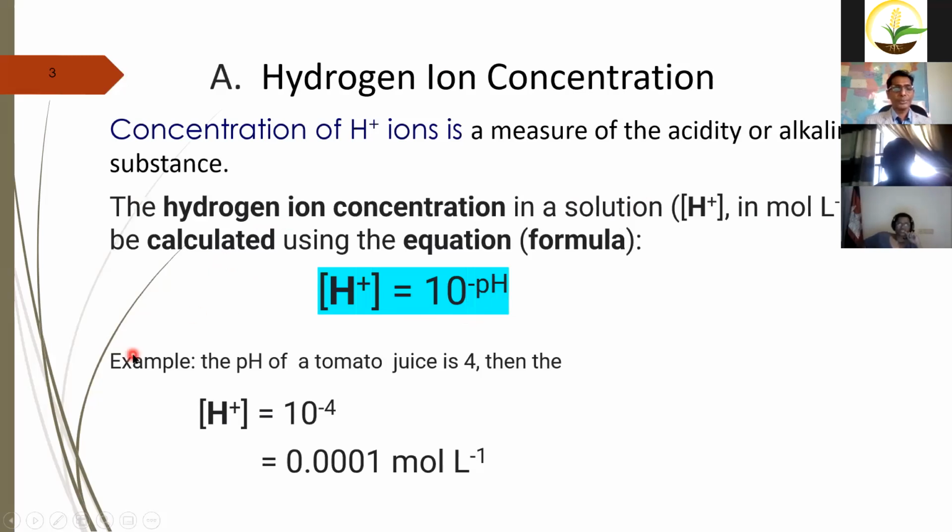For example, the pH of tomato juice is 4. Then the hydrogen ion concentration equals 10 to the power of minus 4, so we get 0.0001 mole per liter. This is very basic.